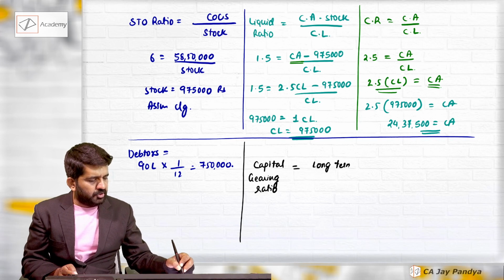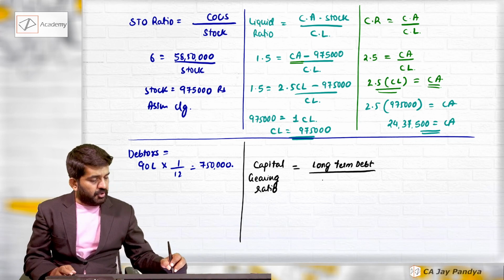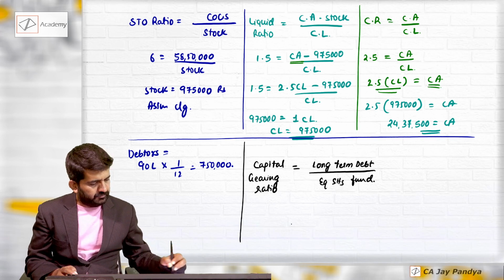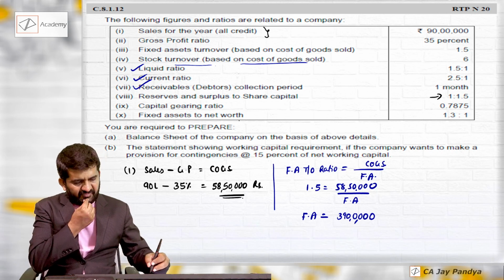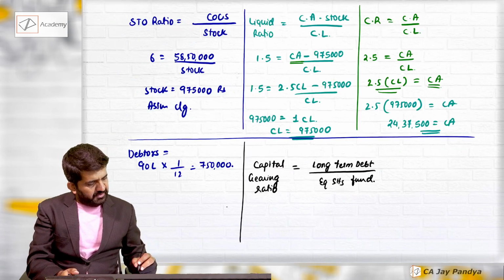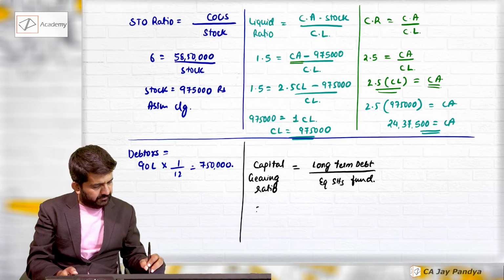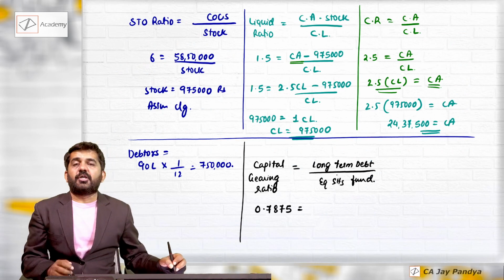That is long-term debt, even including the preference shares, divided by equity shareholders fund. Equity shareholders fund, we are not having the total answer. Yes, we are having the segregation, but we are not having the total answer. Capital gearing ratio is 0.7875. None of these two is available.